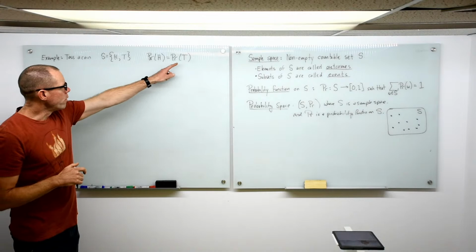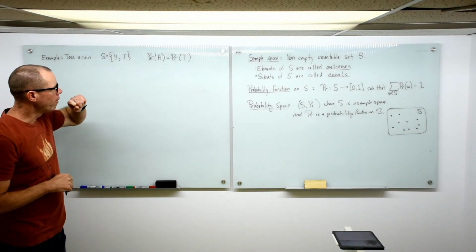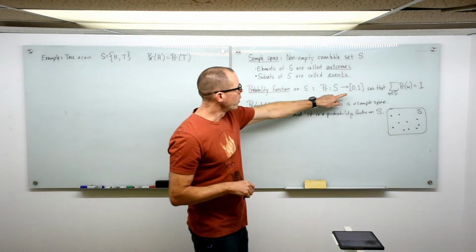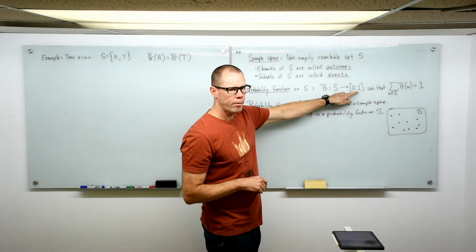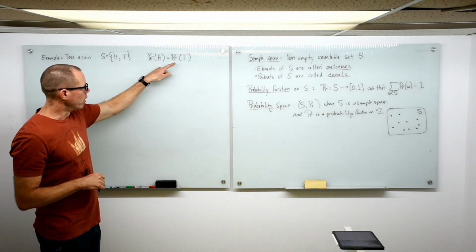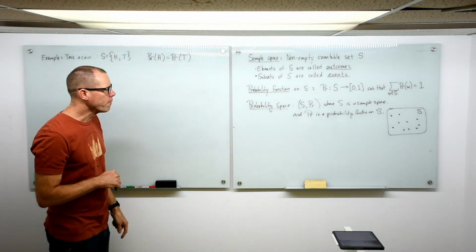By definition, each of these is a number between 0 and 1, but they both have to be equal in this case, if I'm assuming heads and tails are equally likely.